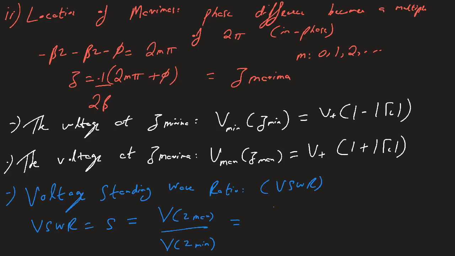So this ratio becomes equal to 1 plus mod gamma L over 1 minus mod of gamma L. And the last thing that I want to do is the general case: S becomes equal to, I'll just write it down again for you, 1 plus mod gamma L over 1 minus mod gamma L, right?